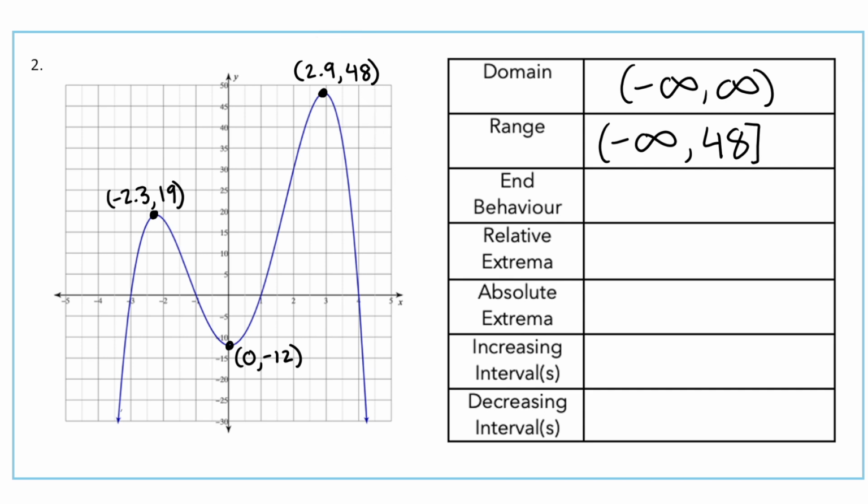Next, I have end behavior. I know that as x approaches negative infinity, y, well, it's facing downwards, so y approaches negative infinity. And as I look to the right, or as x approaches positive infinity, y is, well, it's also facing down, so y approaches negative infinity.